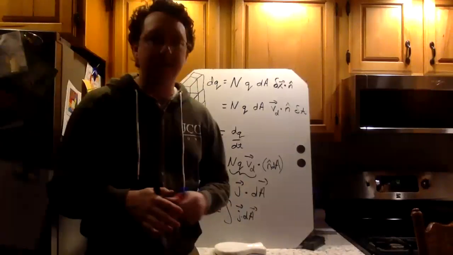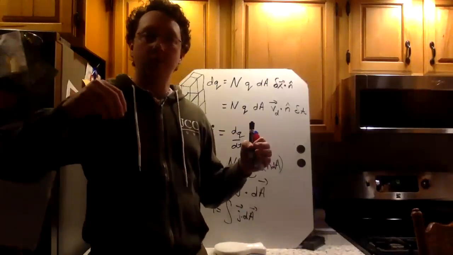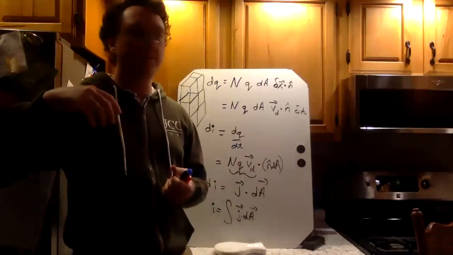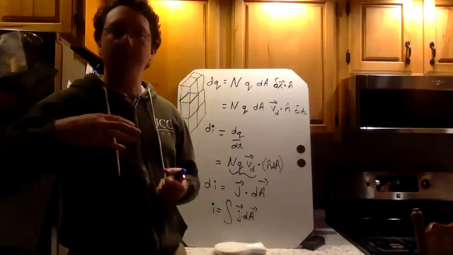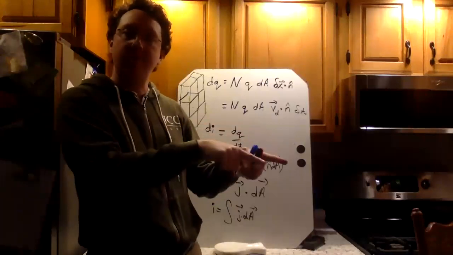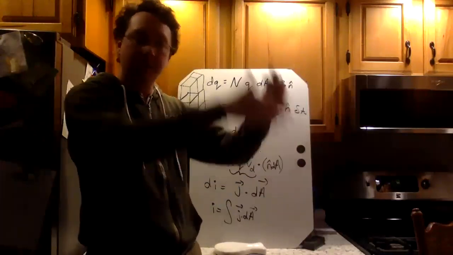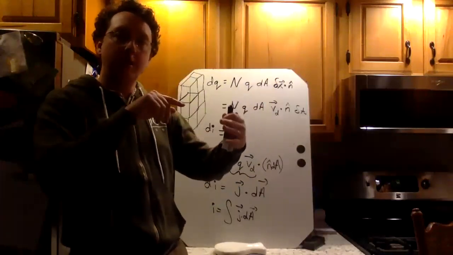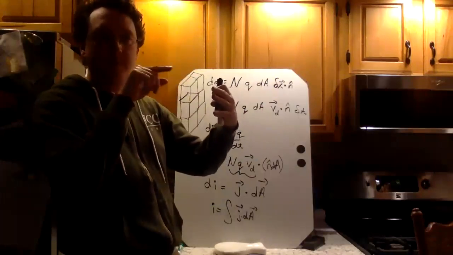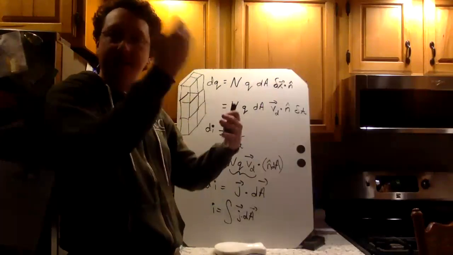What you're really saying is nothing other than thinking about water flow. Okay, so you would have a number of water droplets per unit area that flow in a certain direction. And if you want to know the total amount of water through a surface, you would basically multiply the number of droplets per unit area in that direction times the area of that.